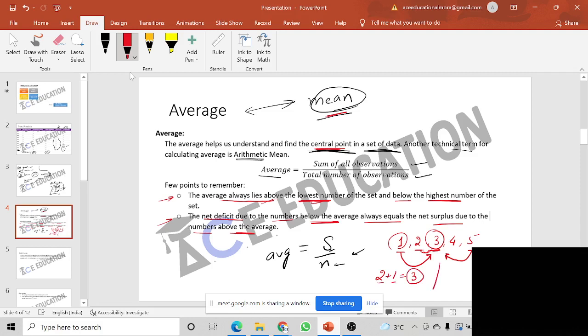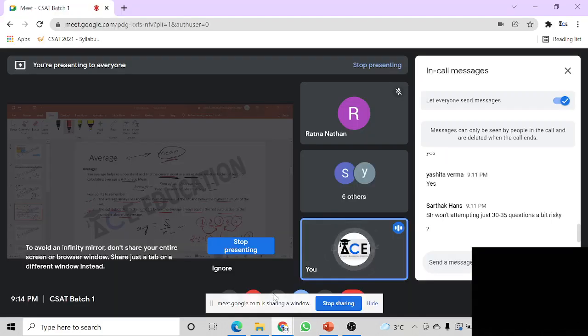Now I calculate the surplus. The highest number is 5. The difference is again 2. Then the next number is 4. The difference is 1. The total surplus is 3. So whatever the numbers, the net deficit and the net surplus will always be the same. These two concepts make it very easy to quickly calculate average. I'll give you an example.